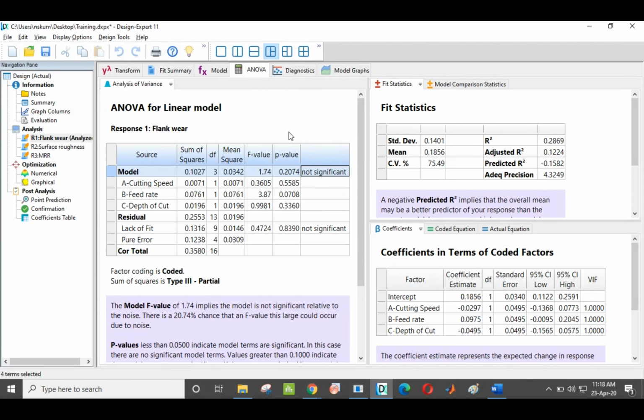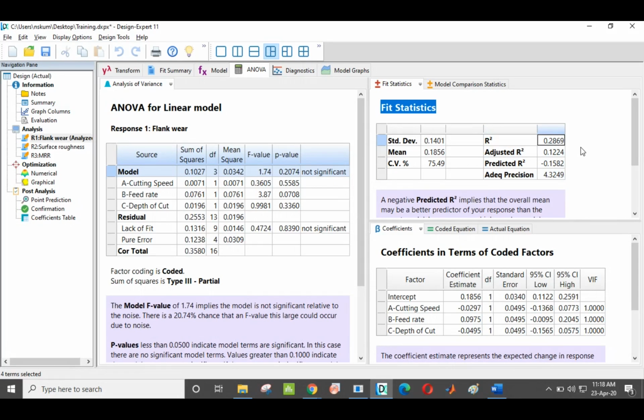Kindly look at the right side, the fit statistics. Here we come across the regression coefficient terms: R square, adjusted R square, and predicted R square.